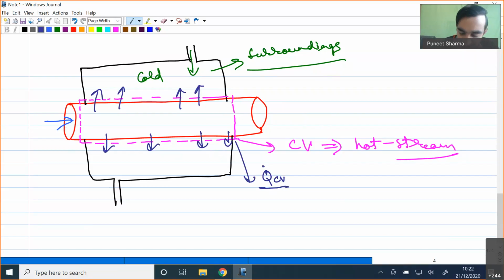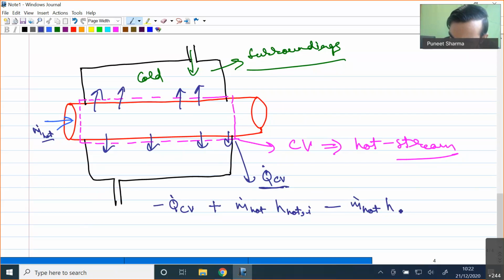Now if I apply the energy equation for this new control volume, I have transfer of heat going out of the control volume, so minus Q dot C V. I don't have any work interaction. Apart from that, I have some mass flow rate m dot hot entering at the inlet with enthalpy h hot I, and m dot hot once again is leaving the control volume with enthalpy h hot O, equal to 0.